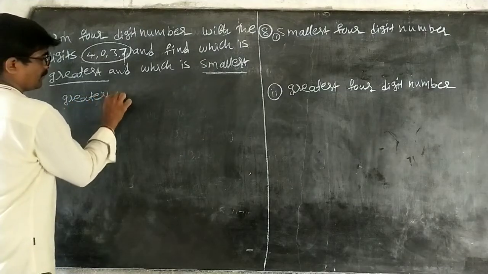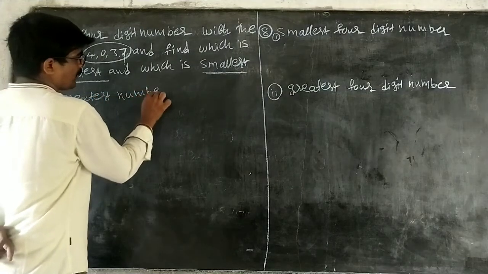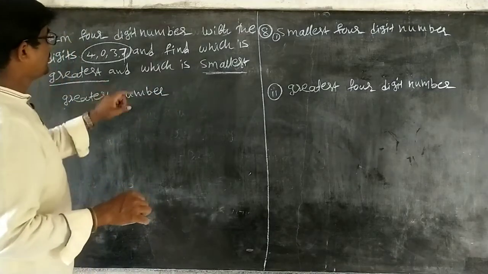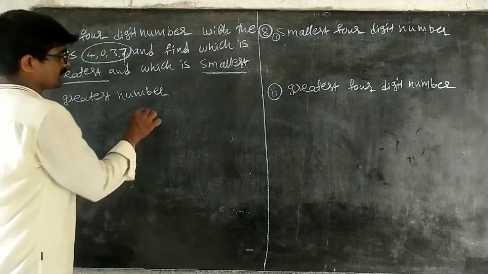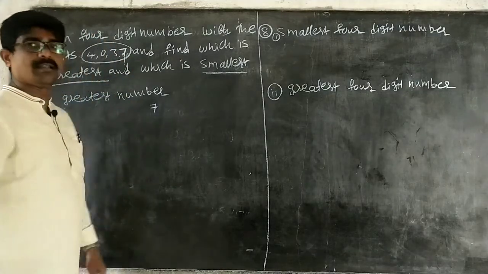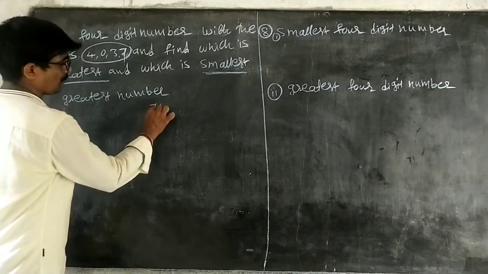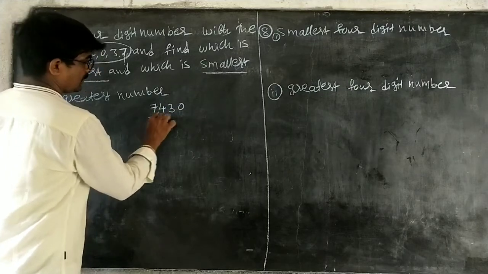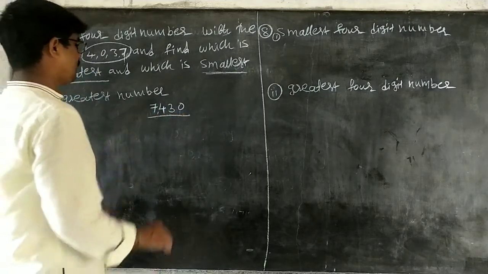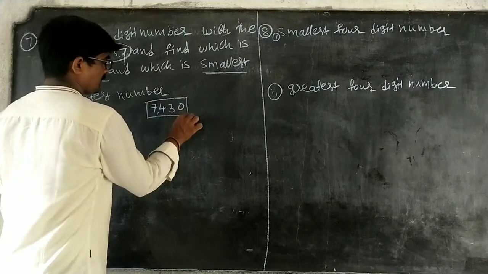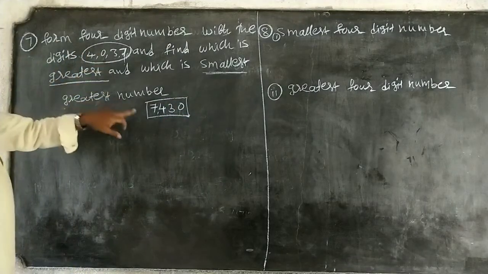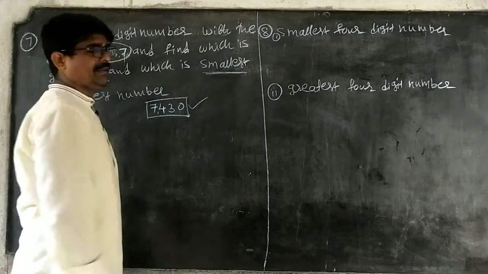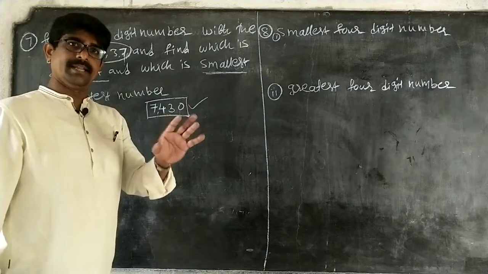If any digits are given, first write the biggest digit. 7 is the biggest. 7, then 4, then 3, then 0. This is the greatest 4-digit number: 7,430.